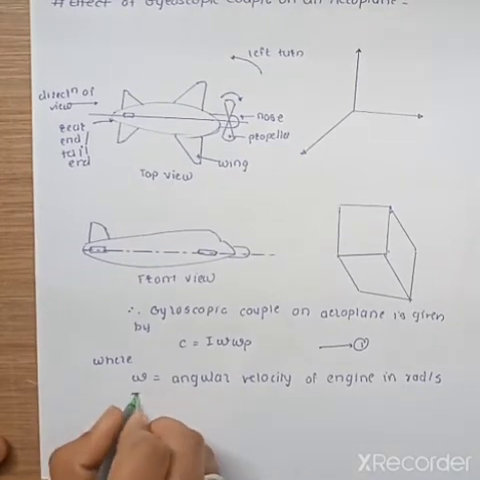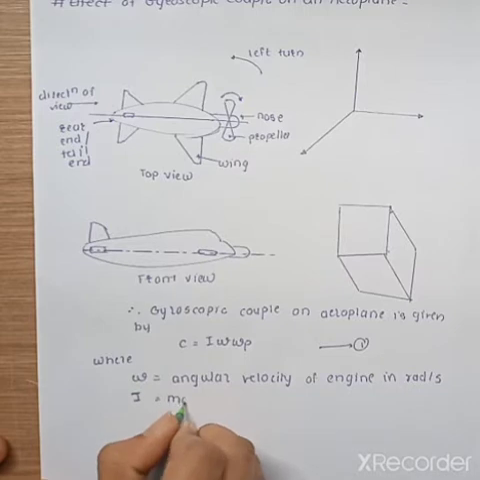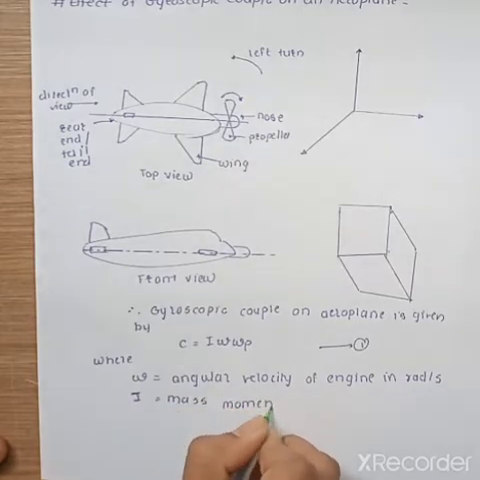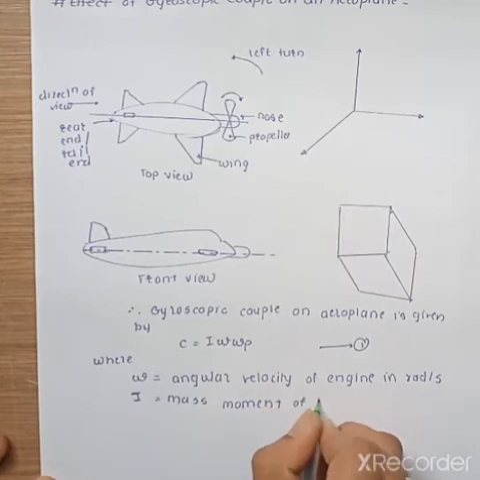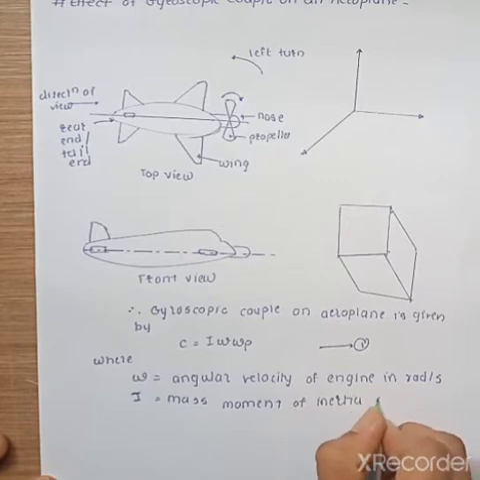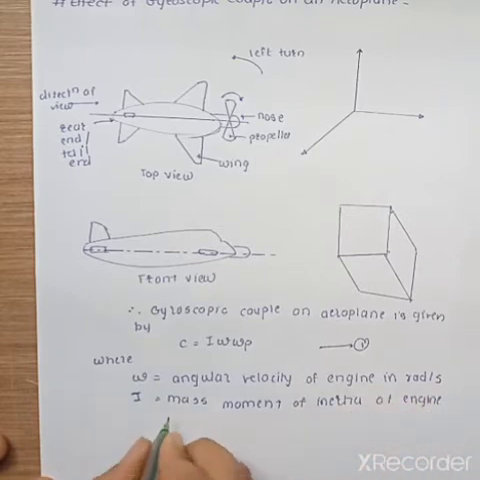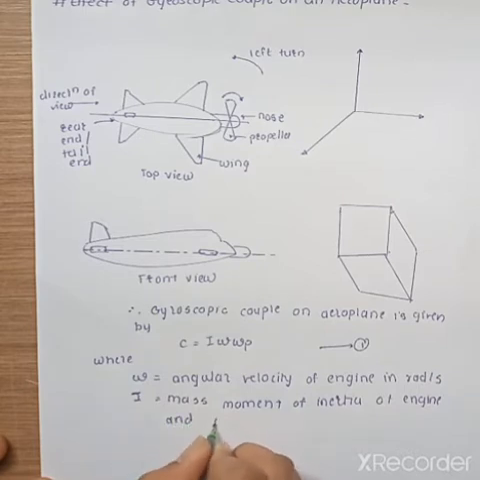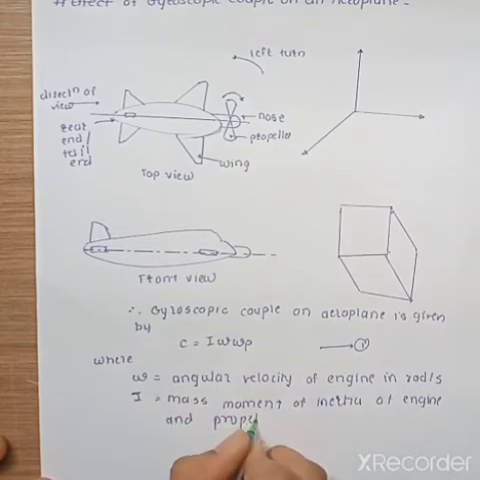Next, I stands for mass moment of inertia of the engine and propeller. And what is the unit for I here?